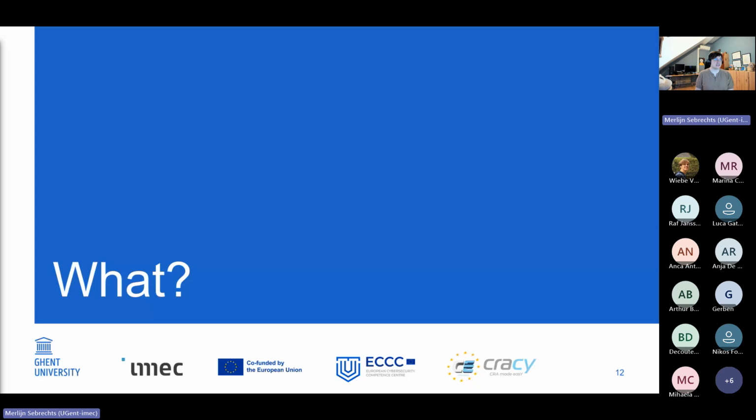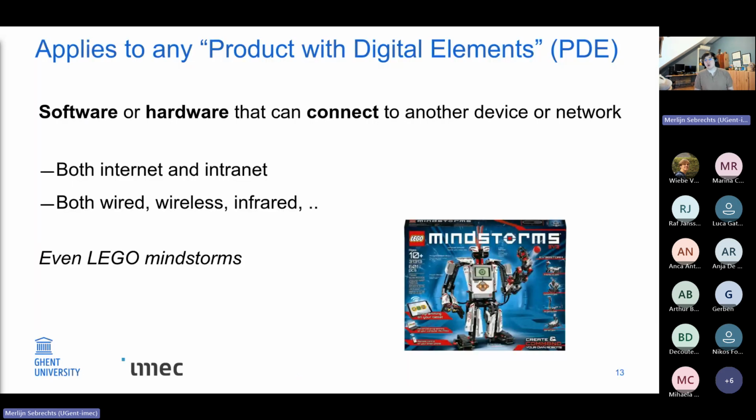So what is it exactly? Well, first of all, it is a law that applies to any product with digital elements. This is a PDE. You will hear this term come back a lot when people talk about the CRA. This is software or hardware that can connect with another device or network.